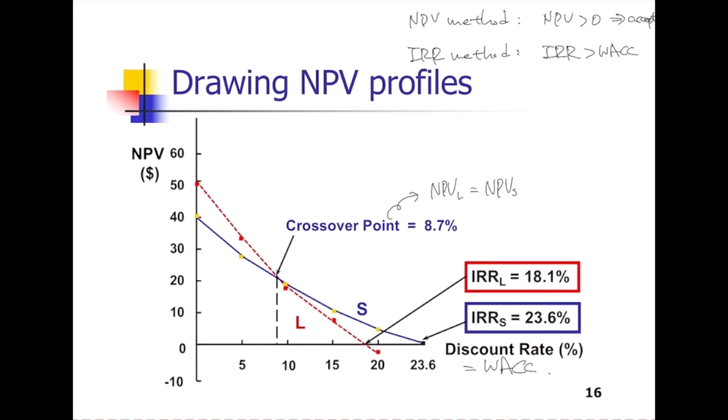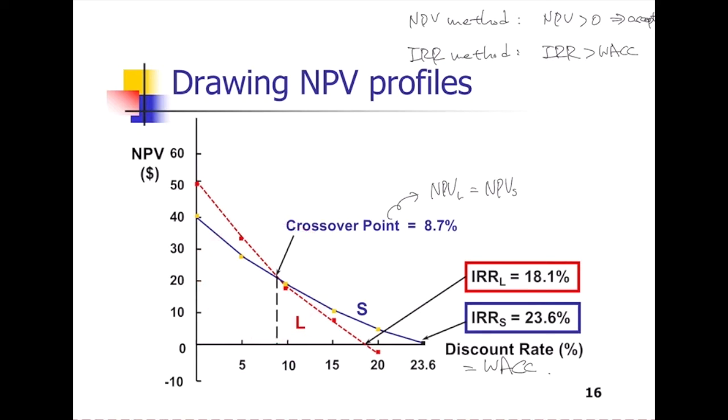So let's assume we have independent projects. It means we can choose as many projects as we want. So let's check whether both methods lead to the same direction. The first case, the NPV method, as you can see, when WACC changes to here and here, the project L case, the NPV has a positive number, right?